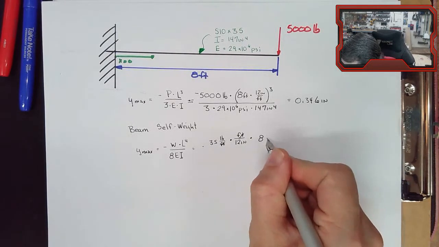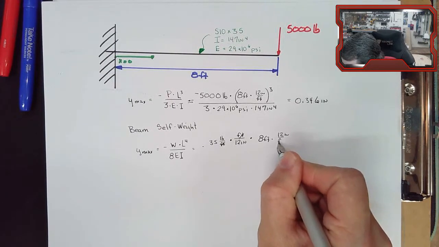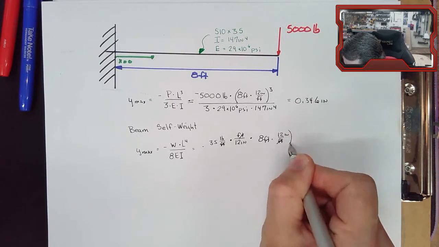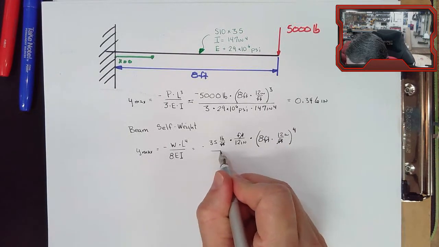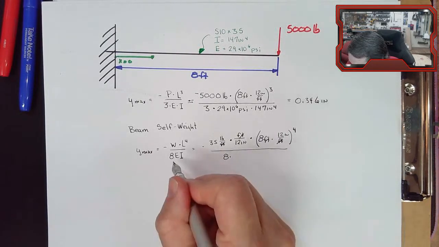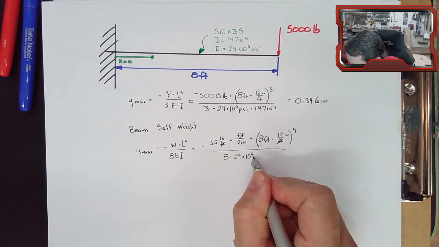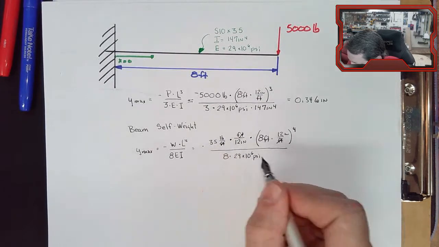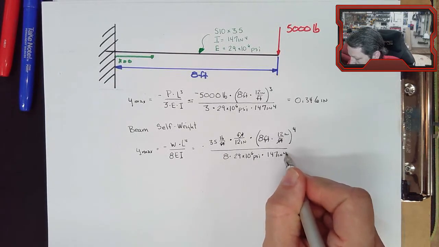L is 8 feet. Convert that over and raise that whole thing to the fourth power. And then E is the same material, so 29 times 10 to the 6 psi. And I is the same beam, so 147 inches to the fourth.